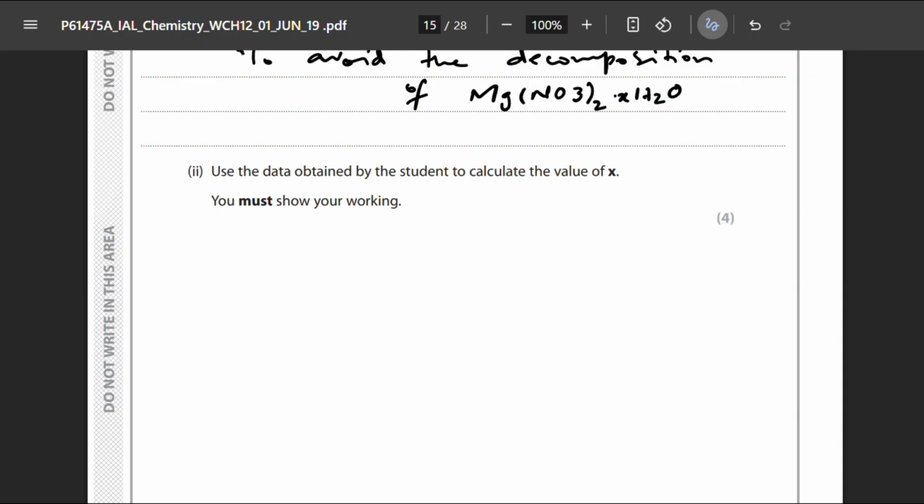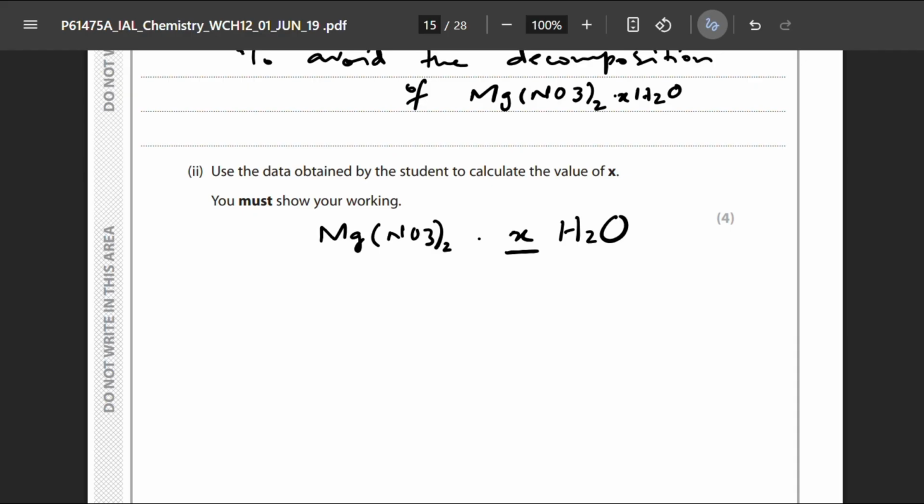Now use the data obtained by the student to calculate the value of x. Now you have the magnesium nitrate crystals and you need to find the value of x.